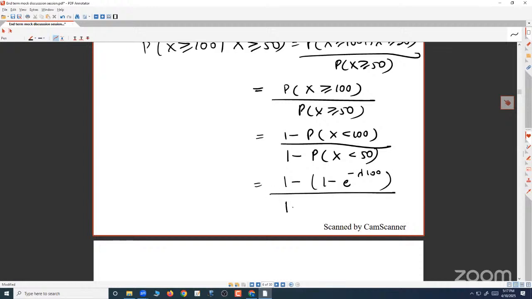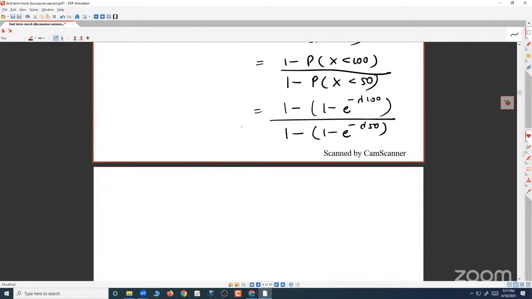So it is 1 minus e raised to the power minus lambda 100 divided by 1 minus e raised to the power minus lambda 50. Is this clear? If you remember, the probability of X less than x for an exponential is 1 minus e raised to the power minus lambda x. Now if you solve this, you will get e raised to the power minus 50 lambda as the answer.